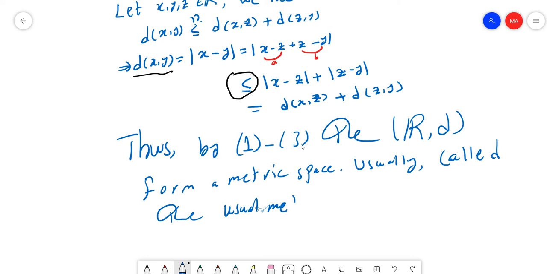The usual metric space or the real metric.